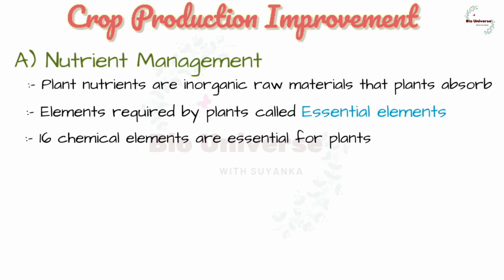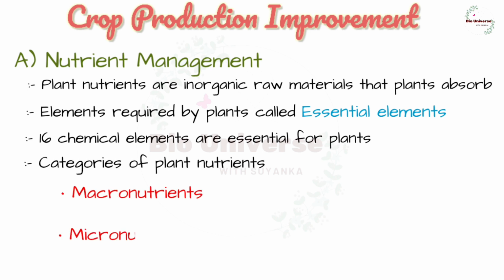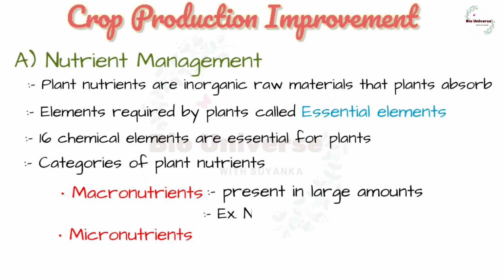Plant nutrients are categorized into macronutrients and micronutrients. Macronutrients are those essential elements which are present in plants in easily detectable quantities. For example, nitrogen, phosphorus, potassium, calcium, magnesium, carbon, oxygen, and hydrogen.